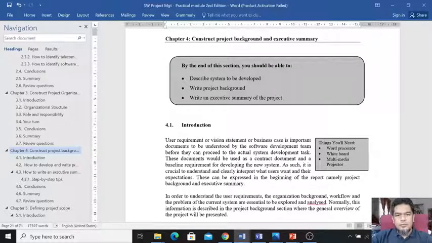So today we will discuss chapter 4 regarding how to construct the project background and executive summary.